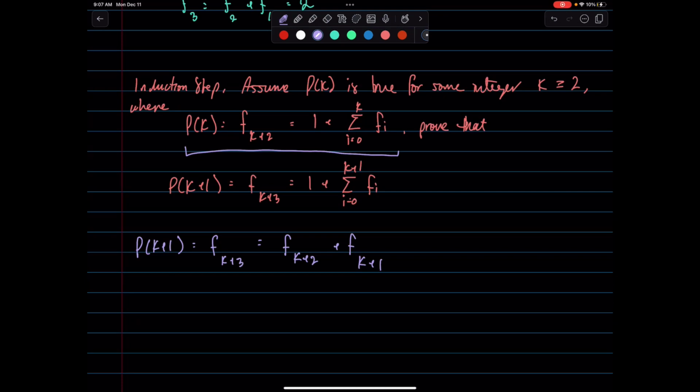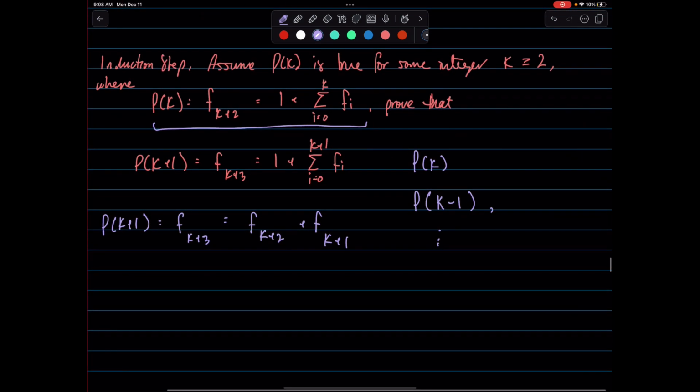So f of k plus 2 fits within our inductive step, and everything less than this is also within it. Since pk is in our inductive step, that means everything less than k is also within it, so k minus 1 and so on.